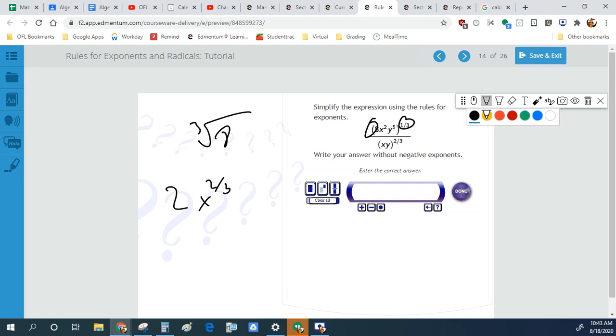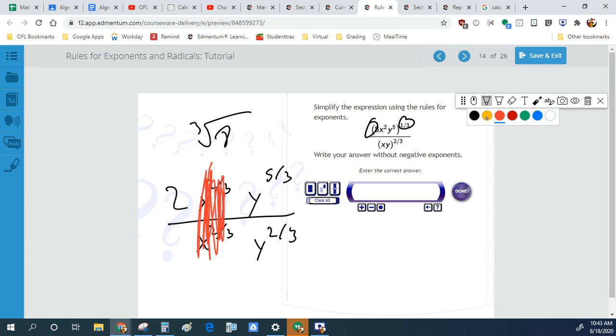Got ahead of myself, going too fast. Now I'm going to distribute this to the bottom. So I have x to the 2/3, and then I also have y to the 2/3. If I do this, I notice that these two are the same. So that just makes a giant 1. Or I can just say they cancel each other out.